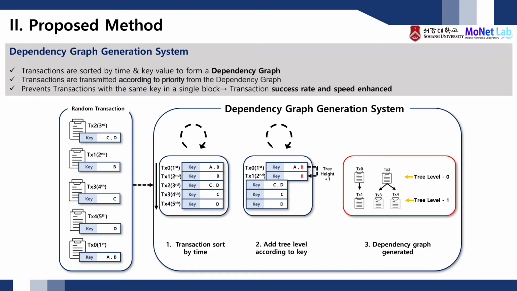On the left side of the presentation, we will suppose a pool of random transactions, where transaction numbers indicate the chronological order for easy understanding. Our proposed method would initially order the random transactions and sort them by time order.